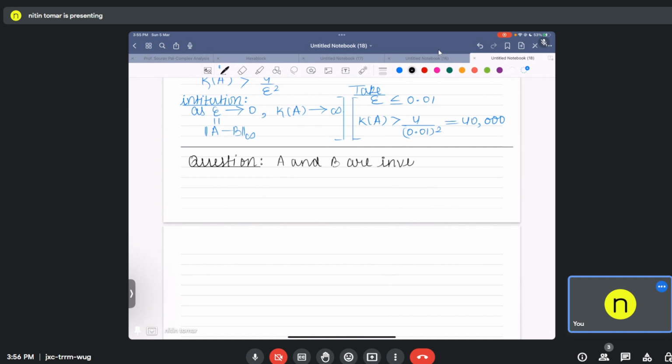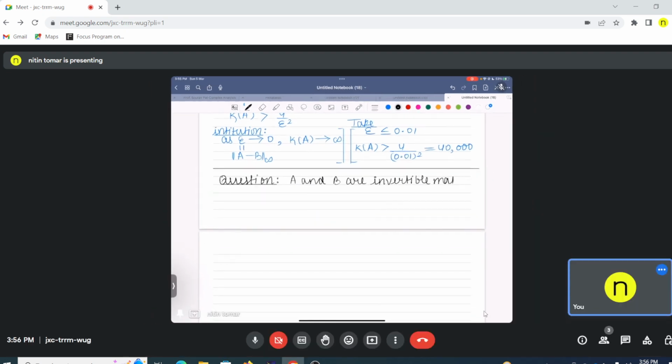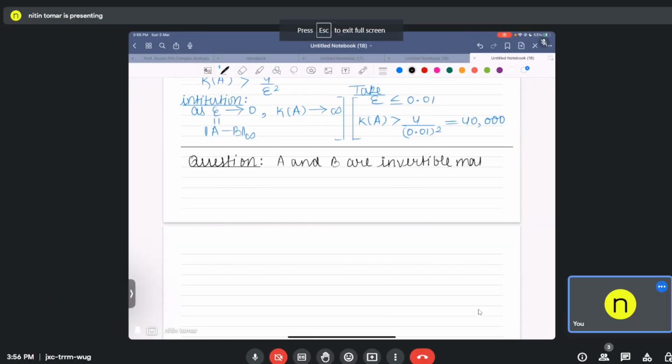Prove that the condition number of AB is less than or equal to the condition number of A times the condition number of B. Can you prove this?